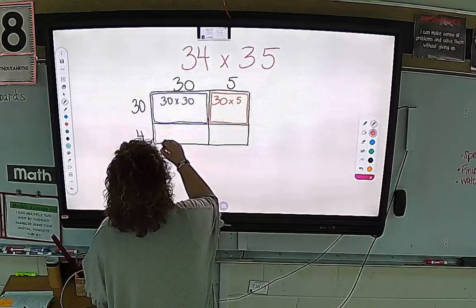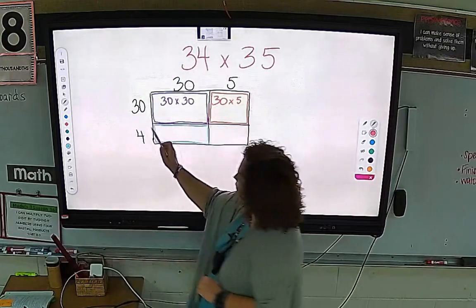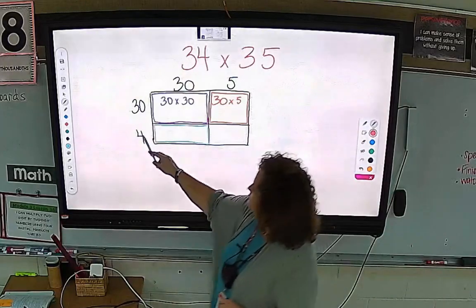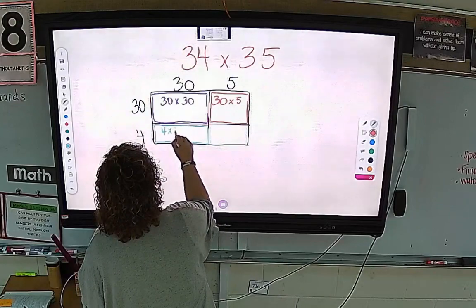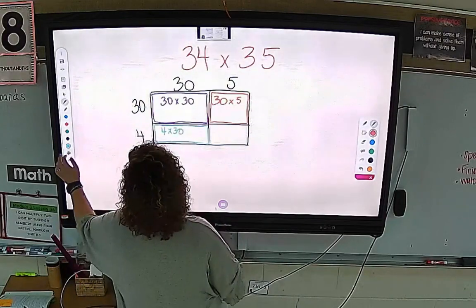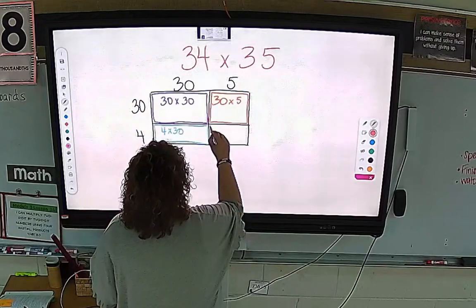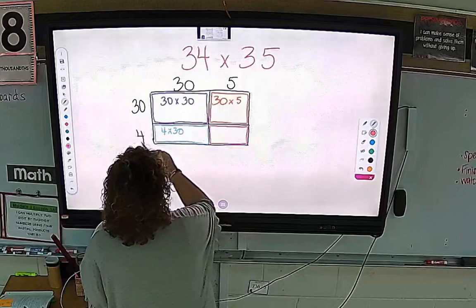This box here is not 30 in width anymore. It's 4, isn't it? So it's going to be 4 times 30. Okay. And this box here is 4 times 5.